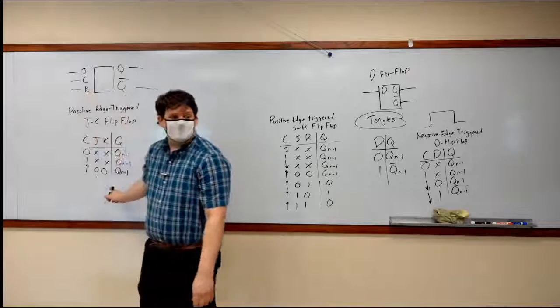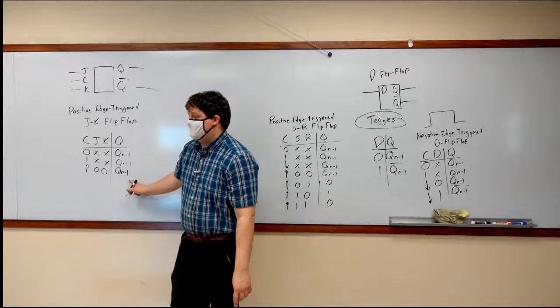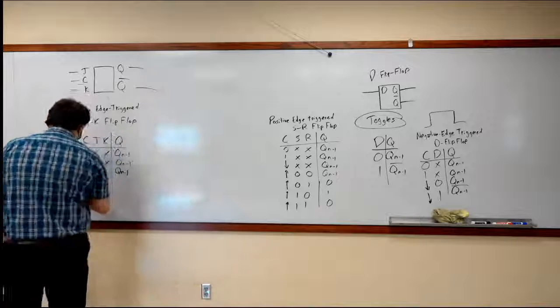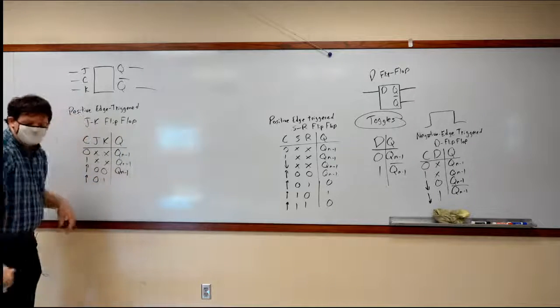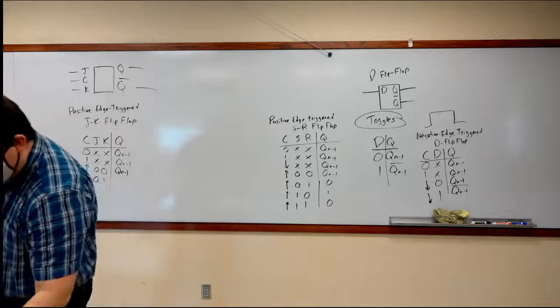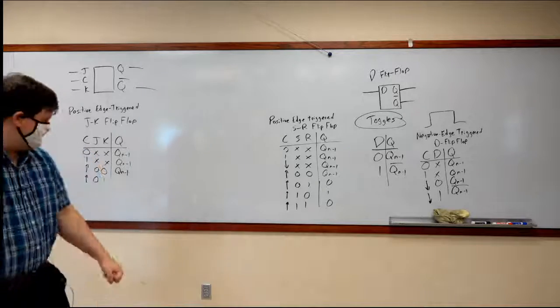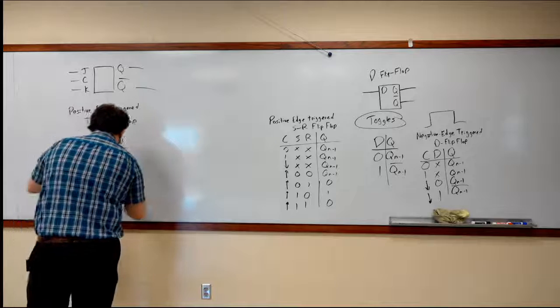Same thing we had for the SR flip-flop. If you have your positive edge on your clock and you issue a K but not a J, this does a reset.